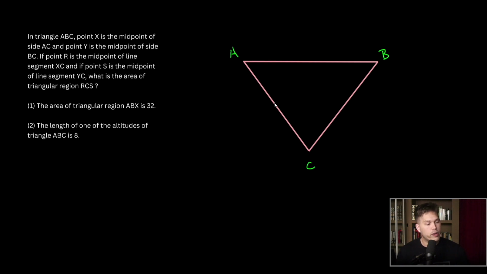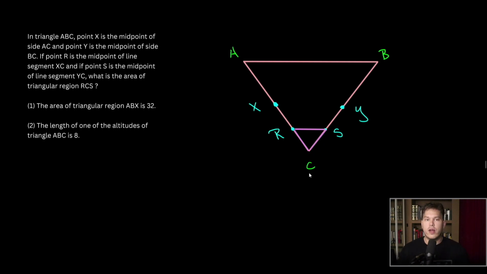We're told that the midpoint of AC is X, the midpoint of BC is Y, and the midpoint of XC, so right here, would be point R, and the midpoint of YC, so right here, would be point S. And then we are asked about the area of triangle RSC.